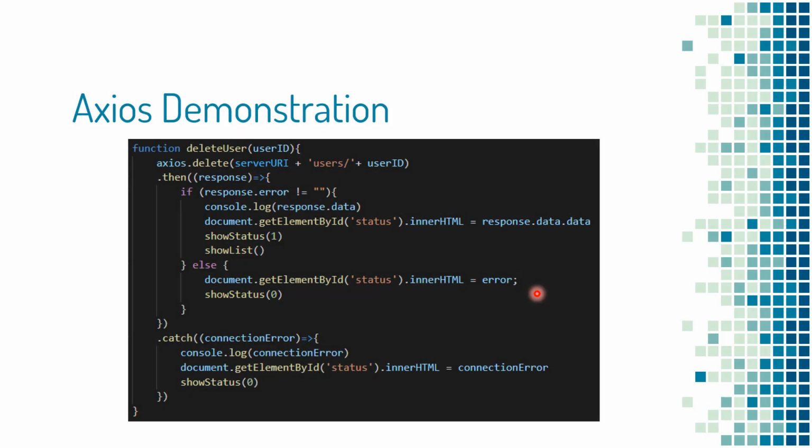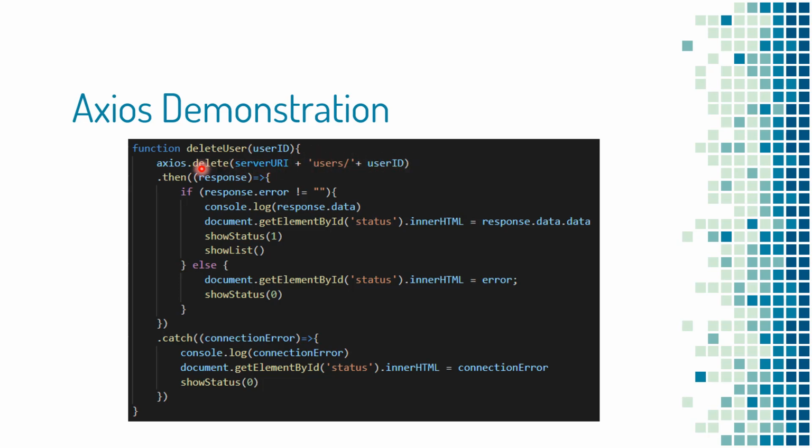The way it works, as you can see, is almost the same as what you've done with the Express server. You include the Axios library, then from Axios you perform the kind of action you are trying to perform, and you pass the resource that you want to interact with.